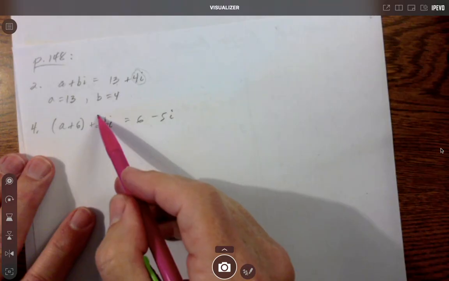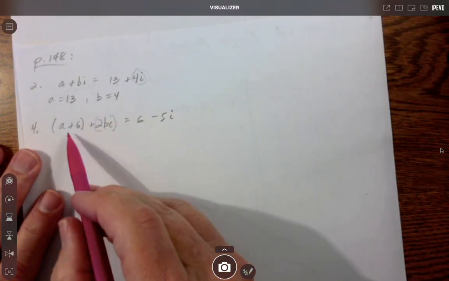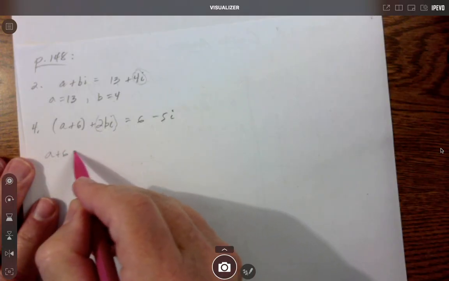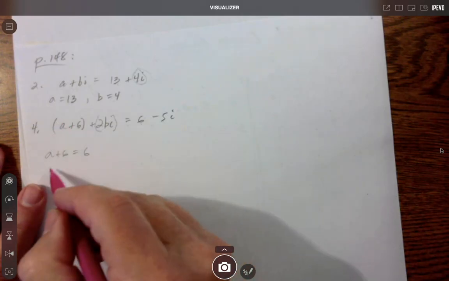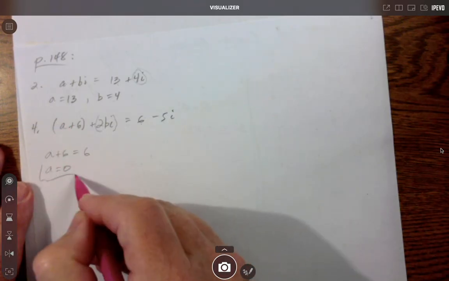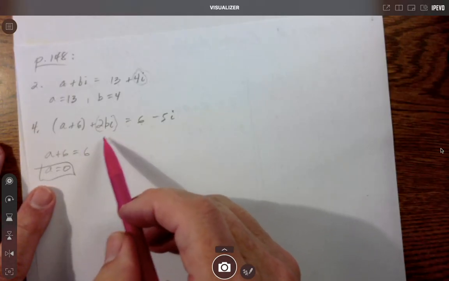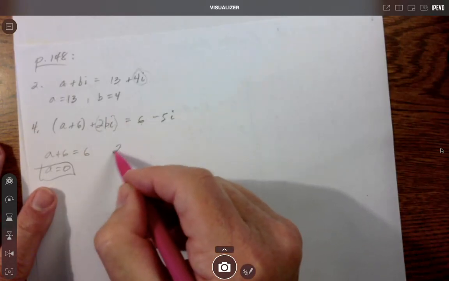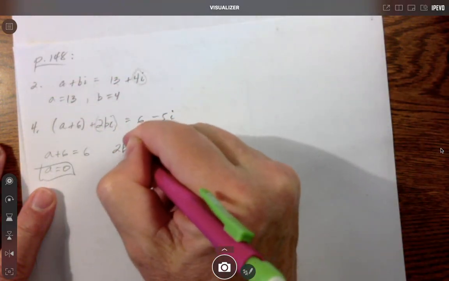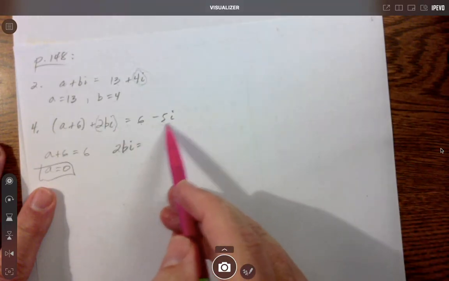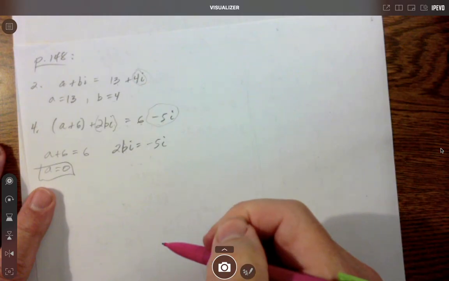Well, this is obviously your imaginary part, and this is your real part. So that means a plus 6 must equal the real part, 6, which means a has to be 0. And then your 2bi is equal to this part, which is negative 5i, right?